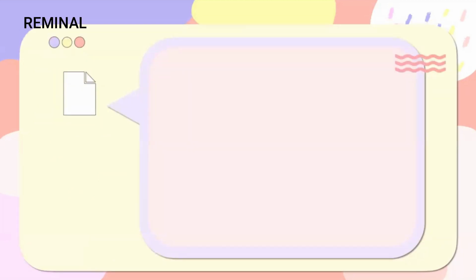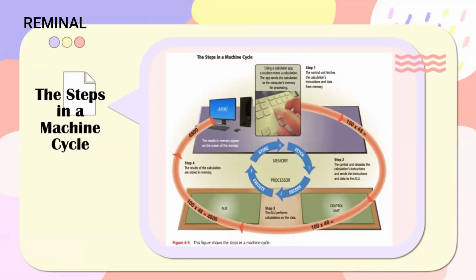Para mas madali nating maintindihan yung 4 basic operations ng machine cycle, these are the steps to determine it. Step 1. By the help of fetching, i-input natin yung calculation by using the application of computer to read it by the control unit. Then step 2, mag-decode na ito to read the calculation by control unit and send it to ALU or arithmetic logic unit.